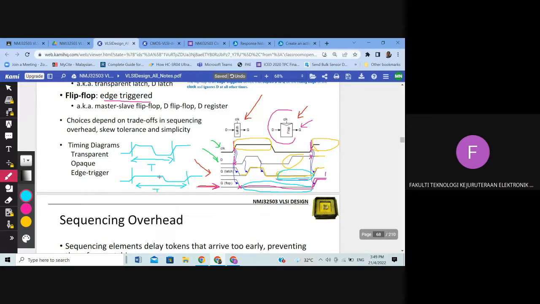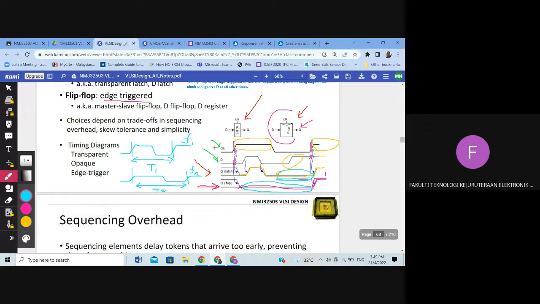So this is, let's say, T1, and then this is T2. A late arriving signal can arrive anytime within this range, T2. However, in terms of frequency, F1 for T1 and F2 for T2.